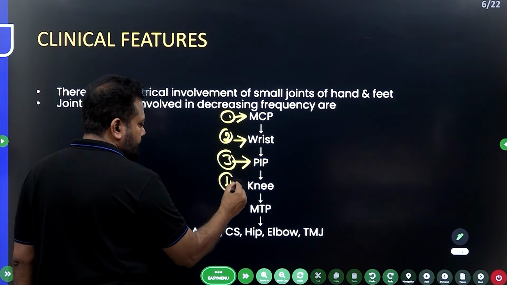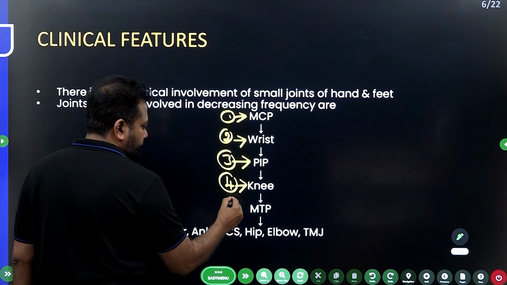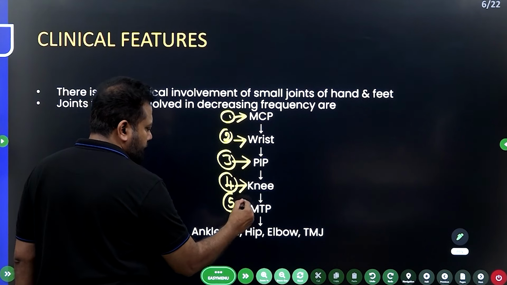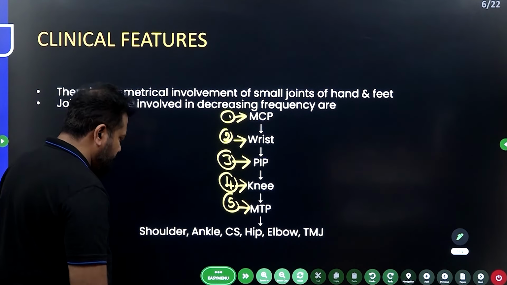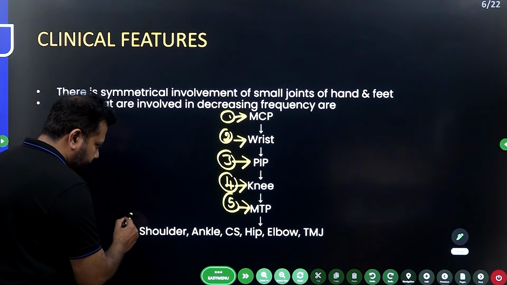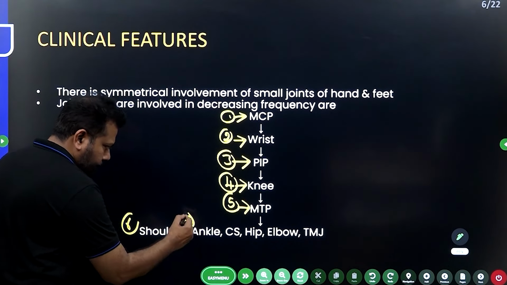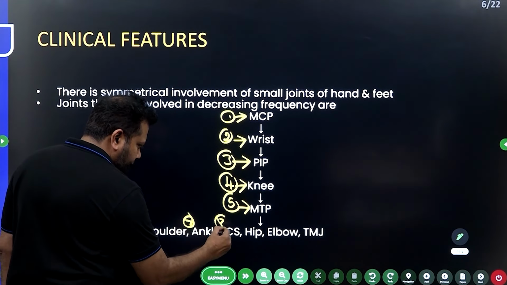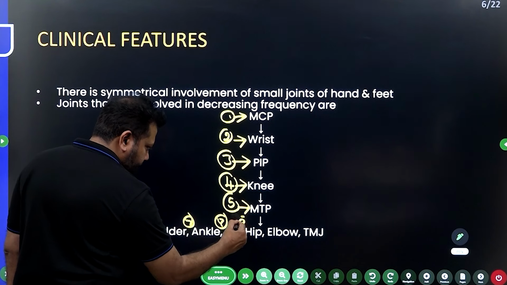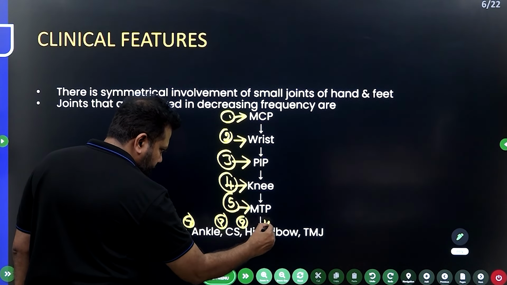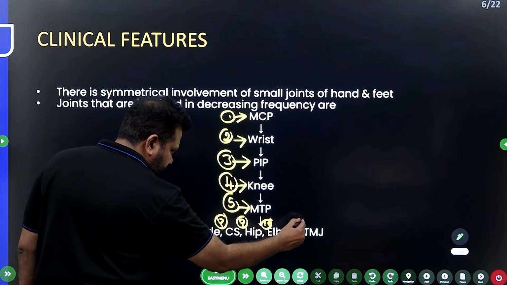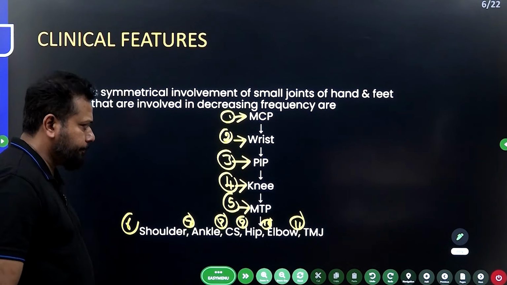Fourth is the knee joint. Fifth is the metatarsophalangeal joint, foot. Then your shoulder, then your ankle, then your cervical spine, then your hip joint, then your elbow joint, lastly temporomandibular joint.